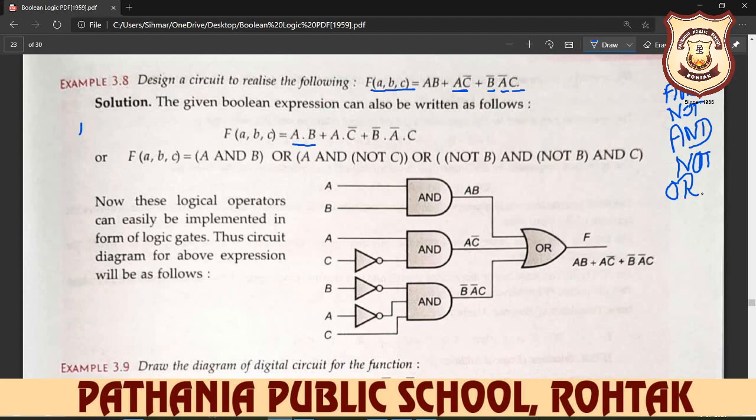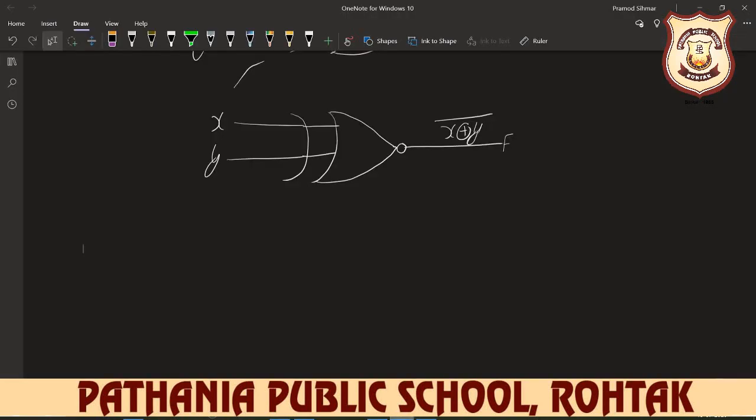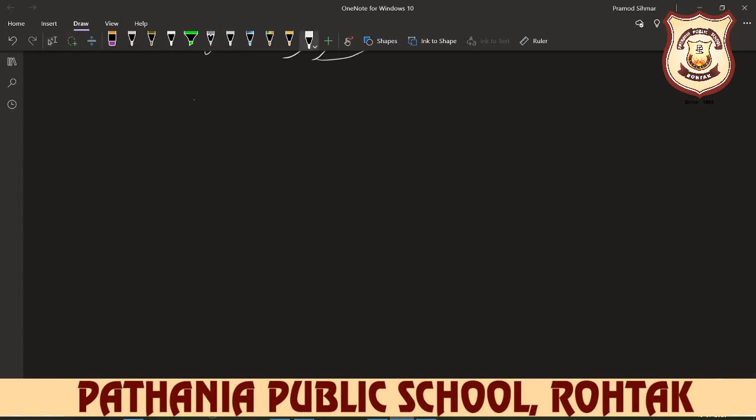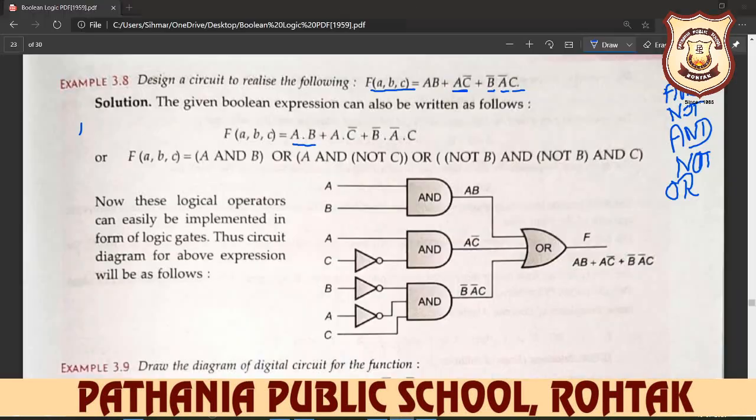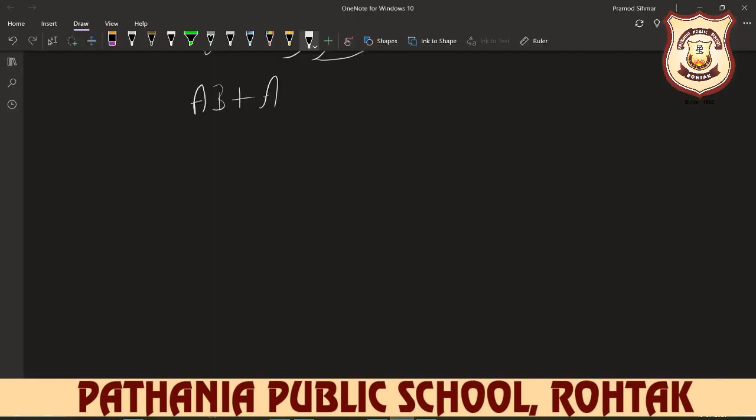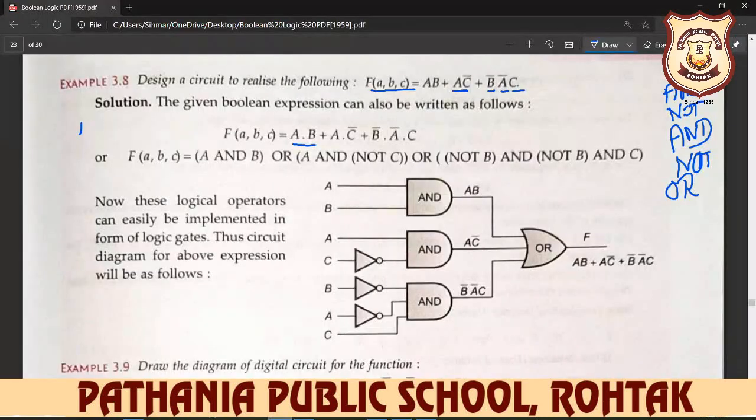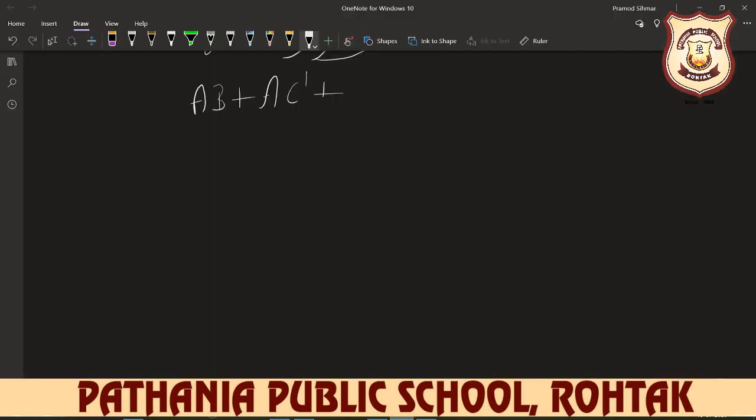So let's start. First write down statement A, B plus A, C complement, then again plus B complement, A complement, C. So we need three variables.